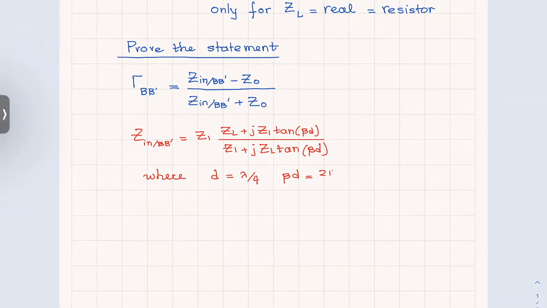Beta is 2 pi over lambda, times D, which is lambda over 4. This cancels with this, and I have a 2 here, and that is what? Pi over 2. How much is the tangent of pi over 2?